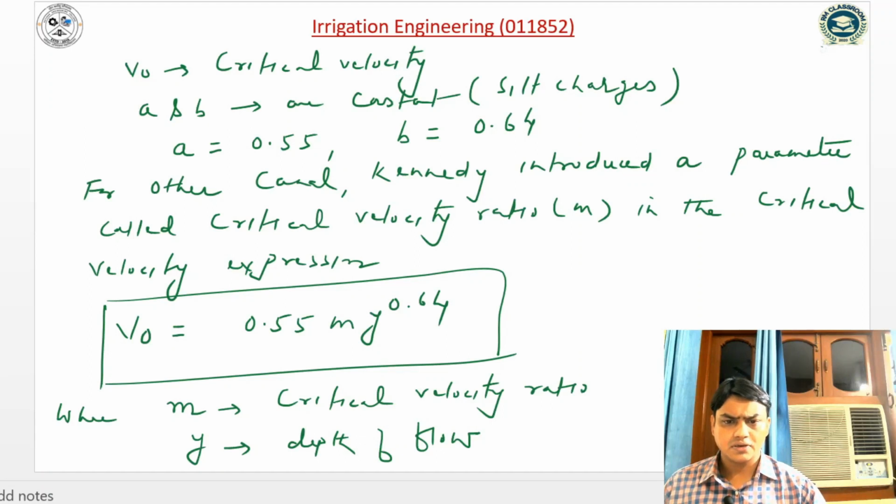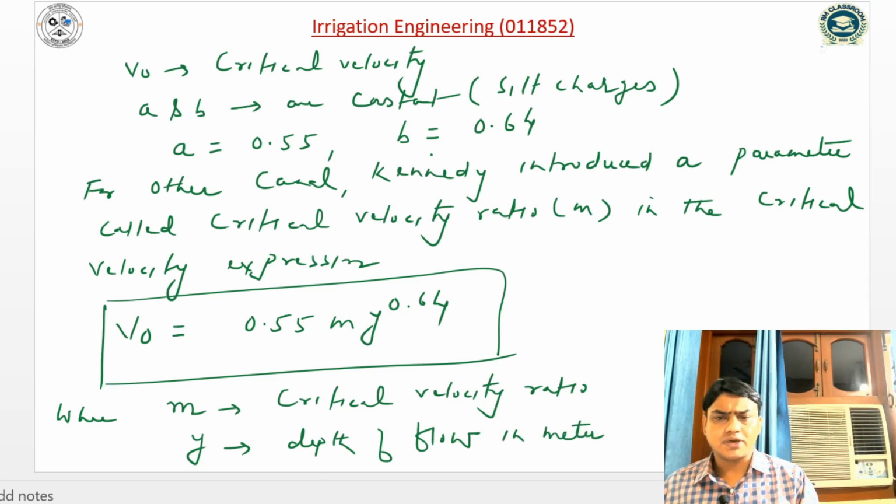So for other types of canal, the critical velocity expression is 0.55 m into y to the power 0.64, where y is the depth of flow in meters and V naught is the critical velocity in meters per second, and m is the critical velocity ratio.